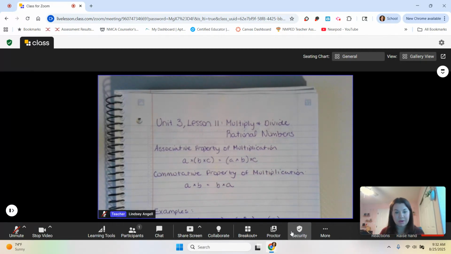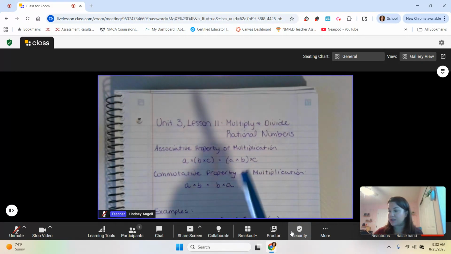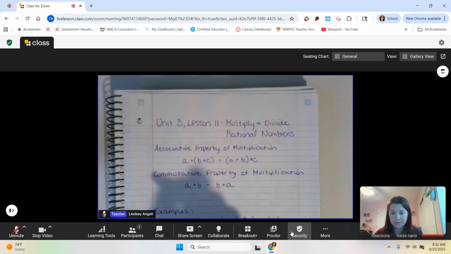First off, if you remember from our work with addition, we have the associative property and the commutative property. Both of those properties work for addition and multiplication.